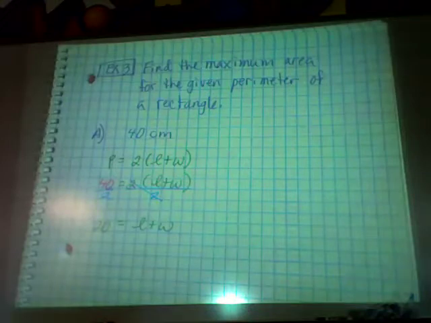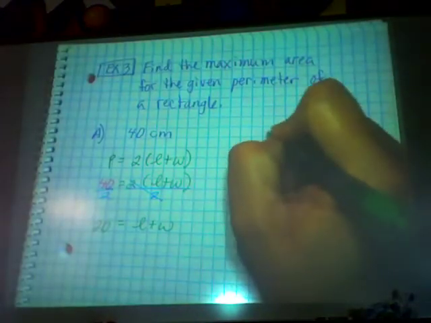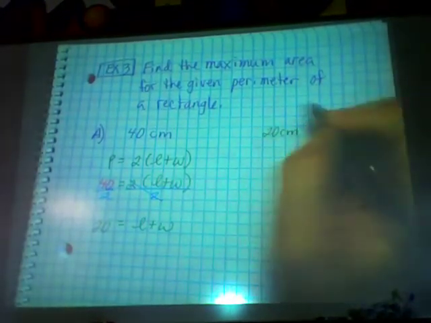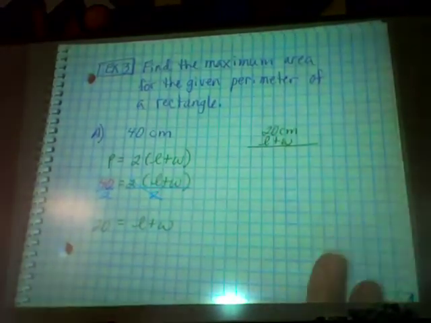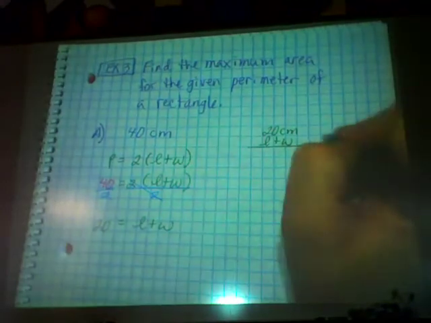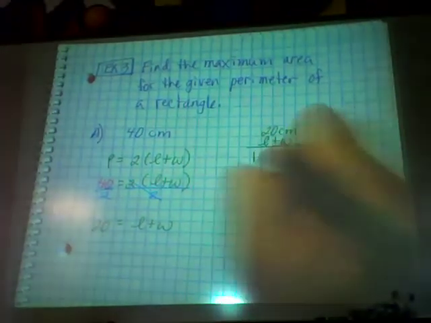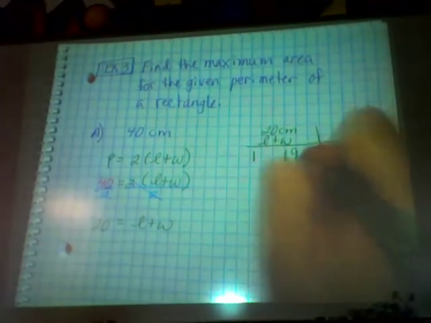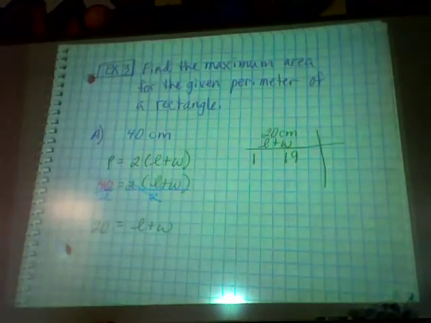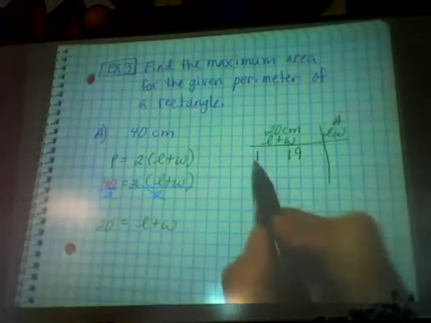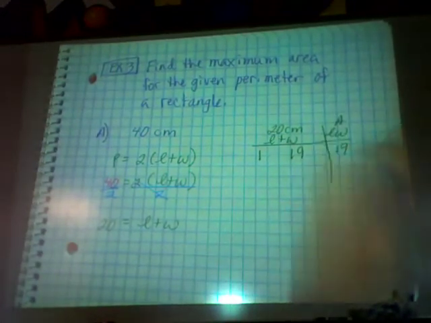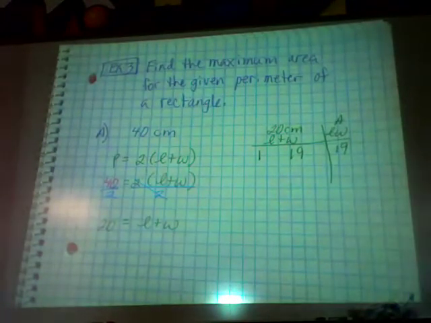In other words, if 20 centimeters is equal to my length plus my width. Okay? Then can't I, so for instance, wouldn't 1 plus 19 give me 20? And then for my area, if I took the length times the width, 1 times 19, in this case 19, wouldn't that give me the area of that length and that width?